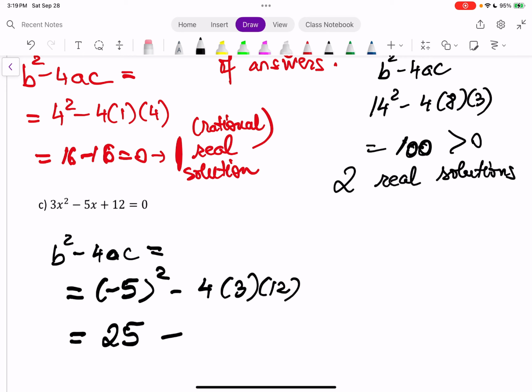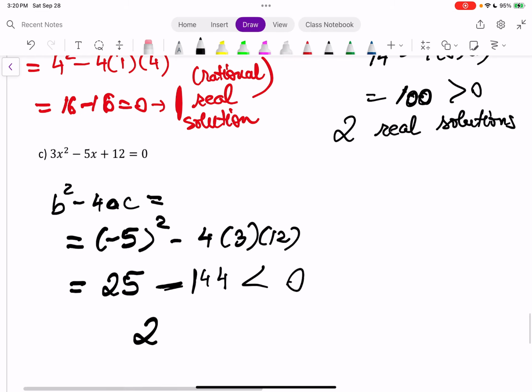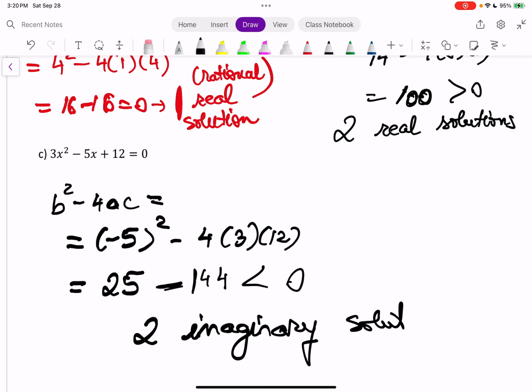Every time you square a quantity, you'll get something positive. So I don't even really care about what number it is. I know that it's going to be a negative number. So therefore, I'm going to get two imaginary solutions. So we'll have i's in our answer. Or two complex solutions, if you want to say.